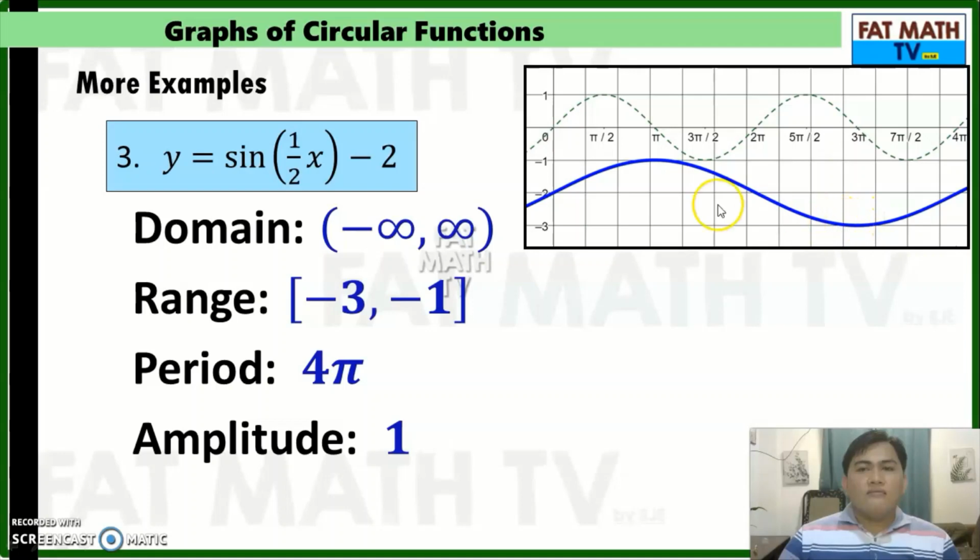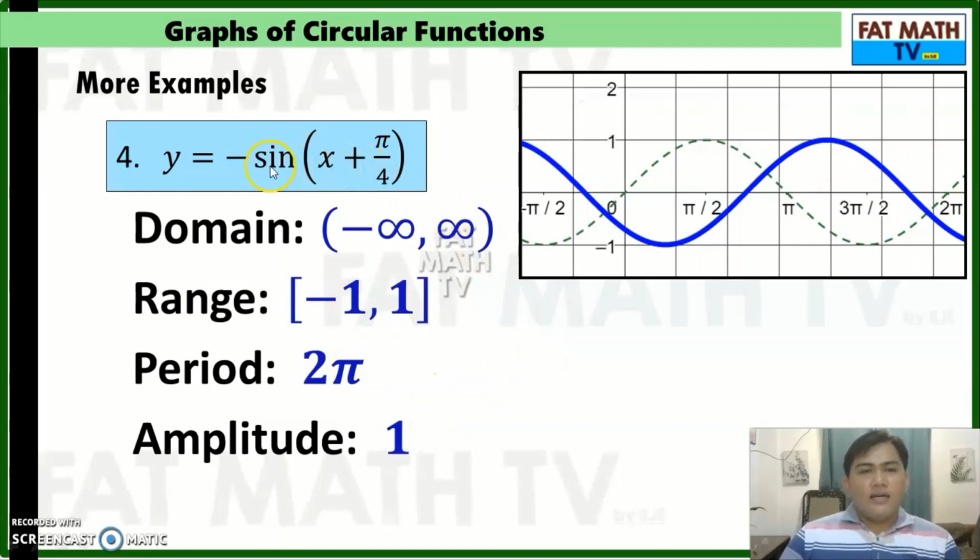The lowest is -3 up to -1 only because of the vertical shift created by the -2 here. And then for the period, the 1/2 here, you will have a complete cycle after 4 pi units. So one complete cycle is obtained only here, okay? Because that's from 0 to 4 pi, every 4 pi units.